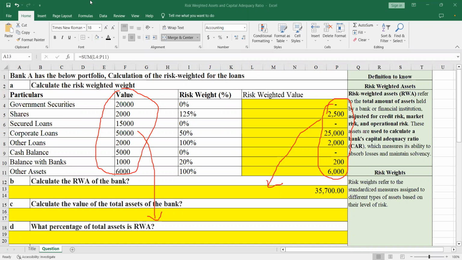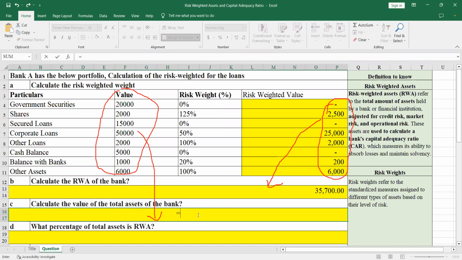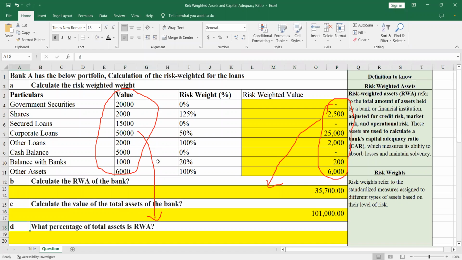So to find the total assets value, you sum the value of all the assets of the bank. So essentially, the bank has total assets of 101,000, of which 35,700 are risk-weighted.